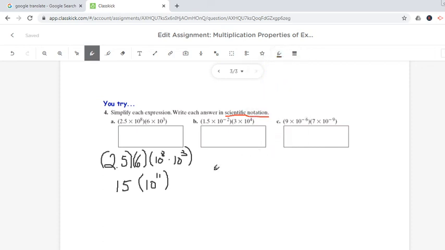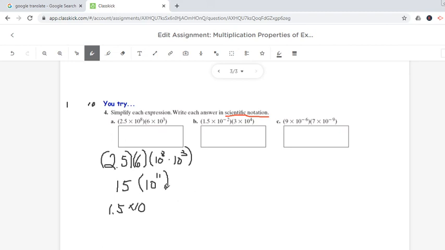So this is not between 1 and 10. It needs to be between 1 and 10. So we want it to be right here, 1.5. We want 1.5 times 10 to the something, because 1.5 is between 1 and 10. So let's see.